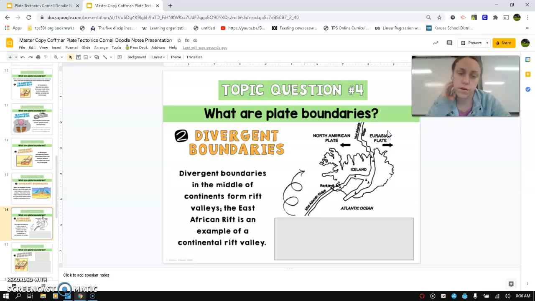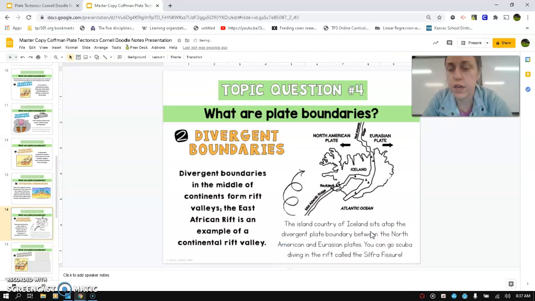I'll show you guys an image of that. That is down by the Red Sea. I believe it's the Red Sea, but it's separating a subcontinent and a continent.